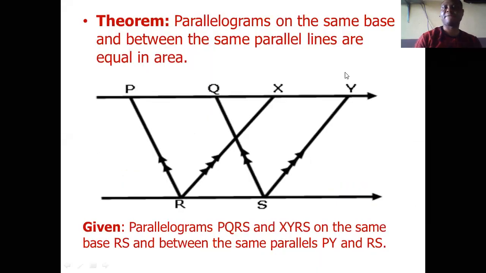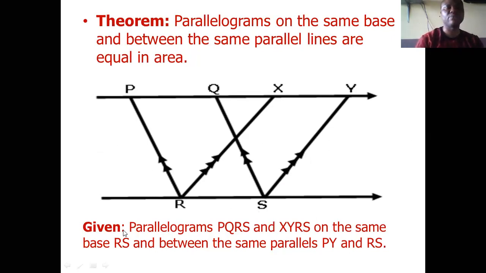Now let's go. First thing to do, like I told you in the first lesson, deductive proof 1, you must state the theorem: parallelograms on the same base and between the same parallel lines are equal in area. Then the next thing is the diagram, which you can see on the screen. The next thing to say is to state what has been given based on the lettering of your diagram.